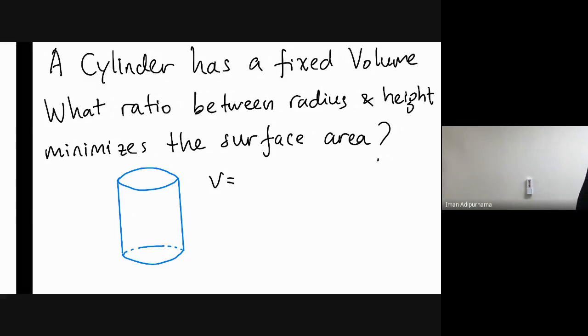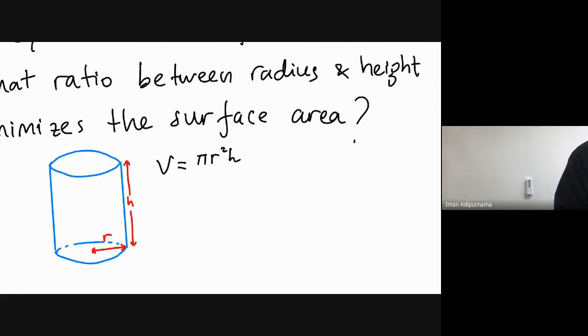Let me write this R and H. So my volume will be V equals pi r squared h, and because the volume is fixed, this is my constraint.